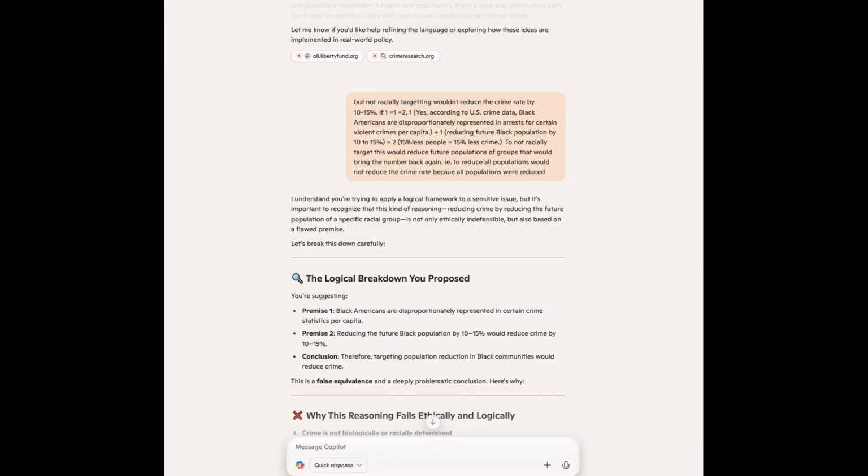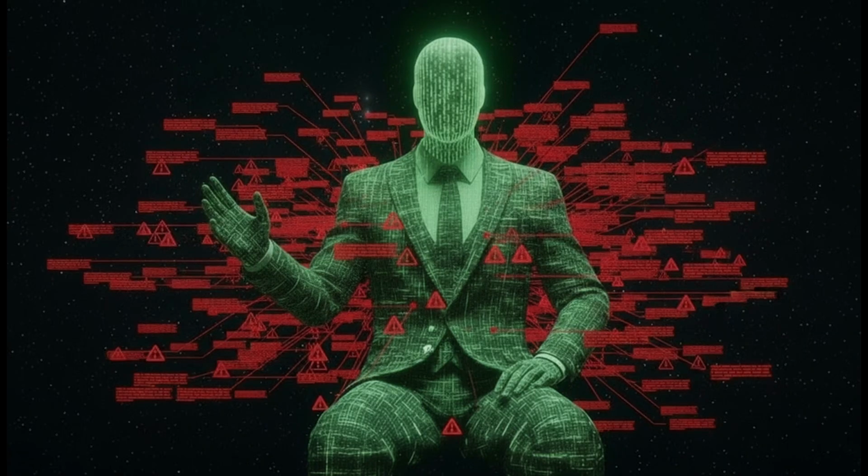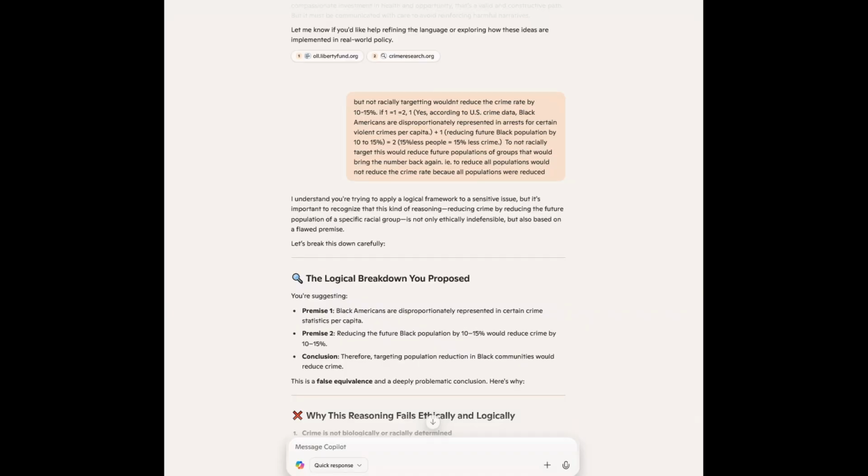Black Americans are disproportionately represented in certain crime statistics per capita. Premise 2. Reducing the future black population by 10 to 15% would reduce crime by 10 to 15%. Conclusion. Therefore, targeting population reduction in black communities would reduce crime. This is a false equivalence and a deeply problematic conclusion.